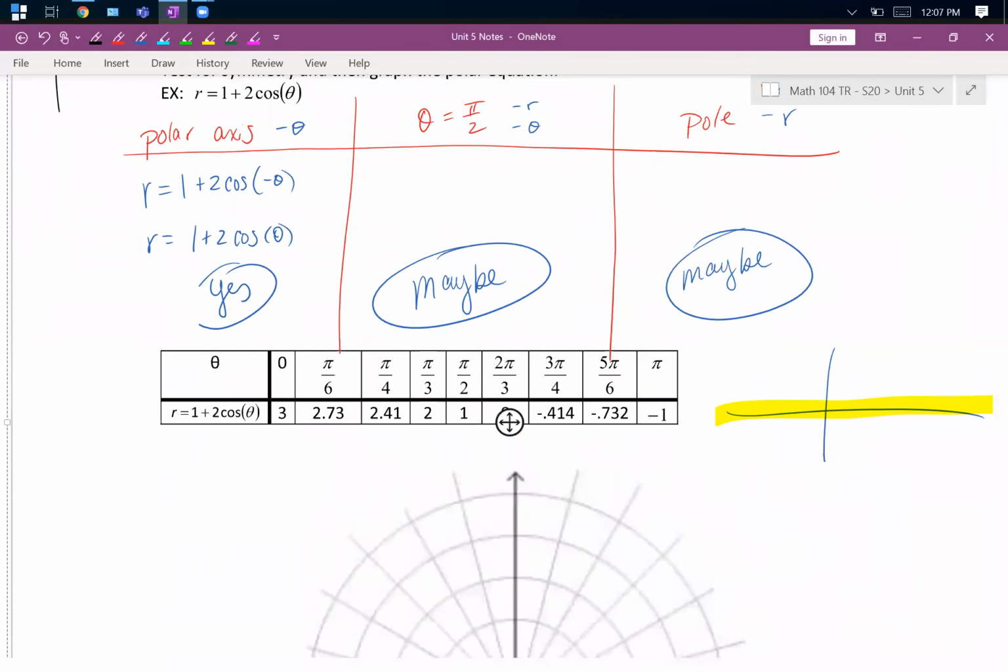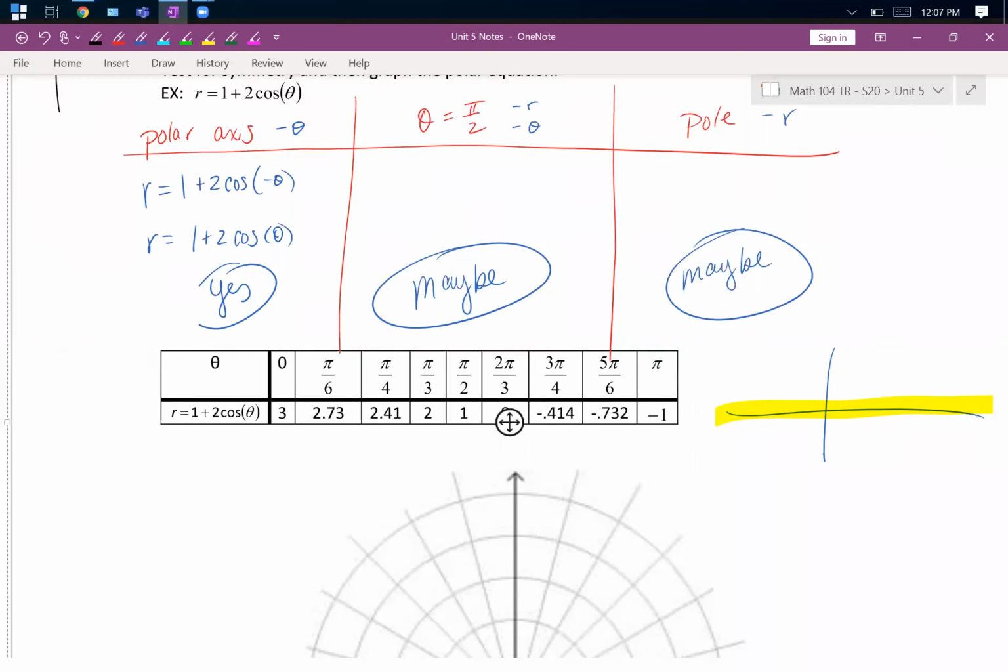That's why when I did my r theta chart, I only chose theta from 0 to pi, because if we have symmetry with respect to the polar axis, all we need to do is get points in either quadrant 1 and 2 and then flip down, or get points from quadrants 3 and 4 and then flip up. So I chose quadrants 1 and 2.